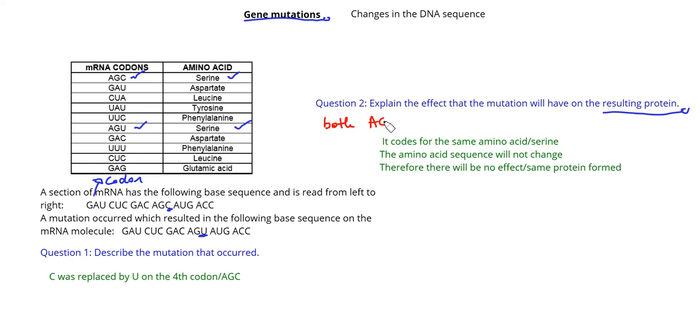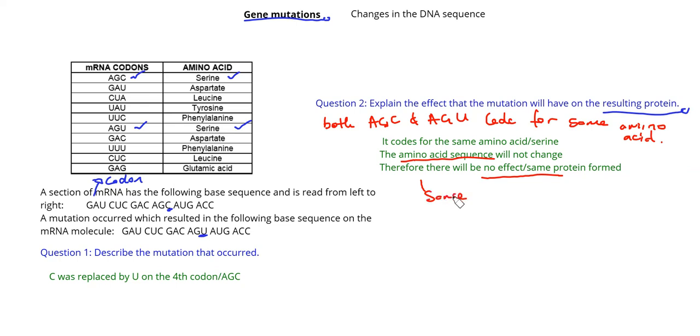When it codes for the same amino acid, it means that there is no change. The amino acid sequence will not change. That's the good thing. So you must mention that the amino acid sequence will not change. Therefore, there will be no effect on the protein formed. So the same protein is being formed.